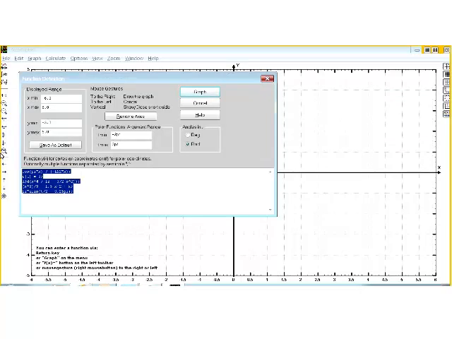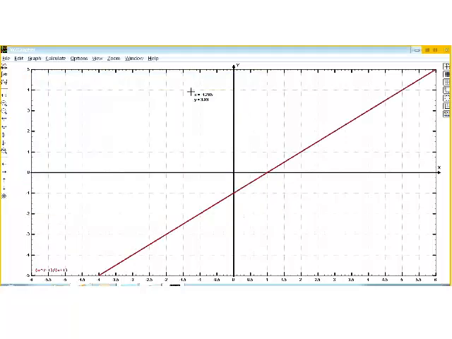So all we have to do is plug in the original equation, not the simplified one: x squared minus 1 divided by x plus 1. And if we plot this and look at x equals negative 1, x equals negative 1 is right there, and y is equal to negative 2.